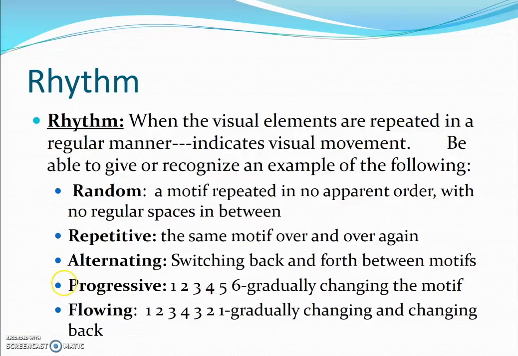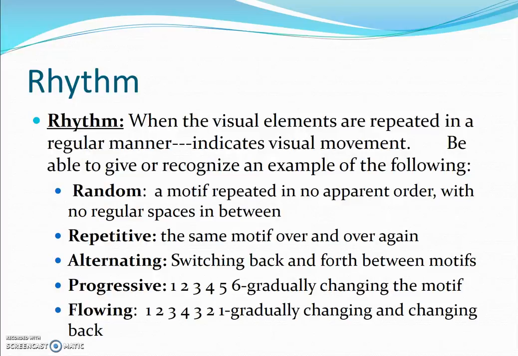So for example, if I have cardinals and they gradually change and get larger, that's progressive. Except if it gradually changes and gets larger, and then gradually changes and gets smaller, or gradually changes and the placement of them changes, so gradually higher up, and then if I stop there, then it's progressive.